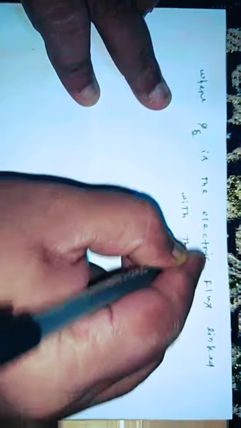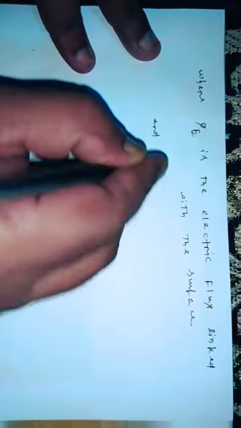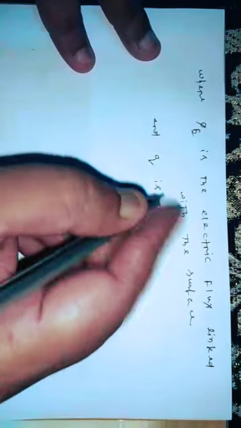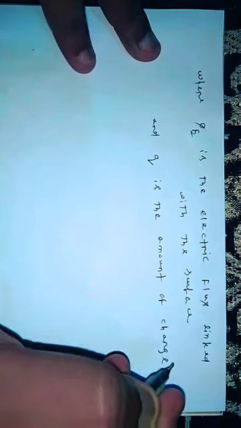Where phi E is the electric flux linked with the surface, and Q is the amount of charge.